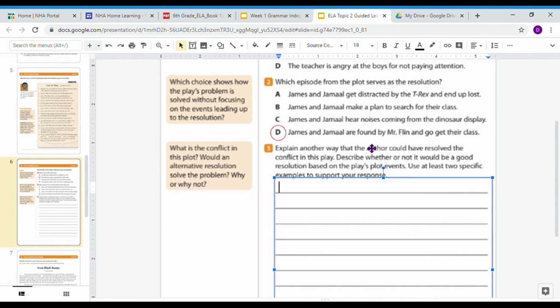So I'm going to come up with an alternate resolution to our story, or ending to our story, that includes the boys finding their class. So I'm going to say, the boys could find their class by pretending they are tour guides in the jungle.